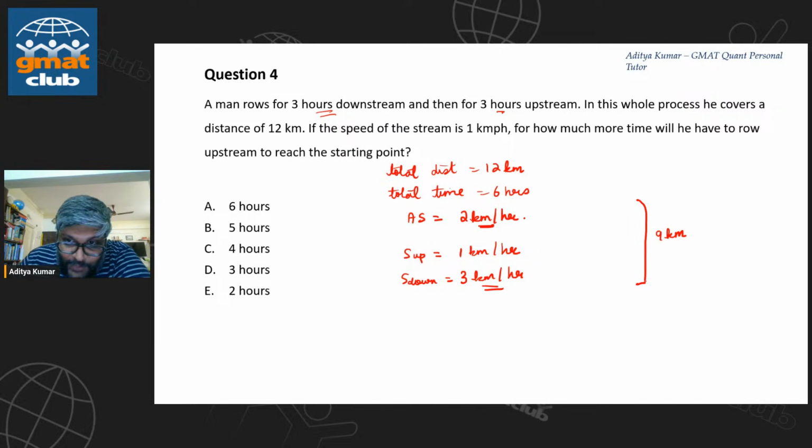And then upstream at 1 kilometer per hour, so 1 kilometer for 3 hours upstream would be 3 kilometers. I still have a deficit of 6 kilometers to travel. And I'm going to travel that 6 kilometers at the speed upstream, which is 1 kilometer per hour. So I would take a total time of 6 hours to work. That's my answer.